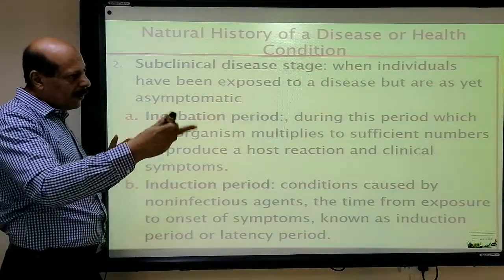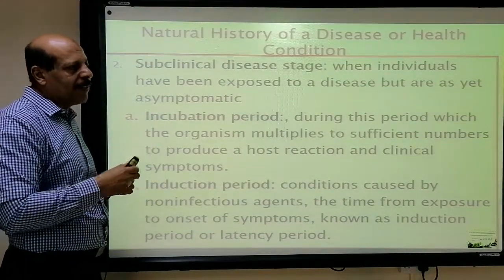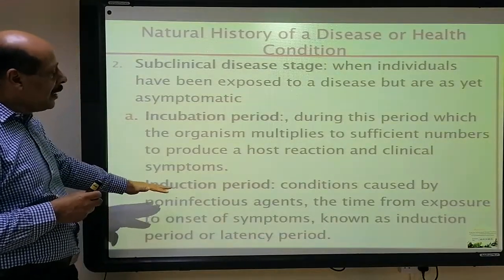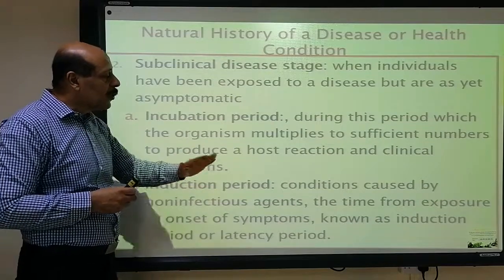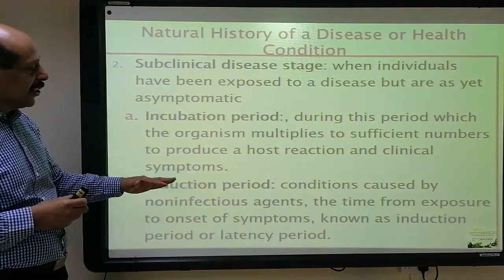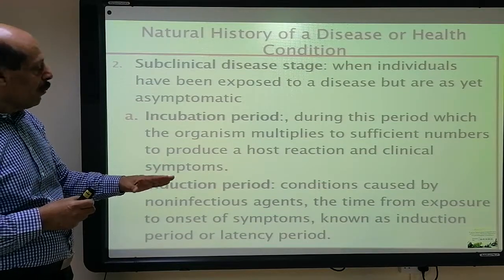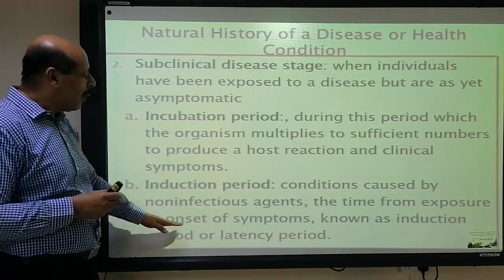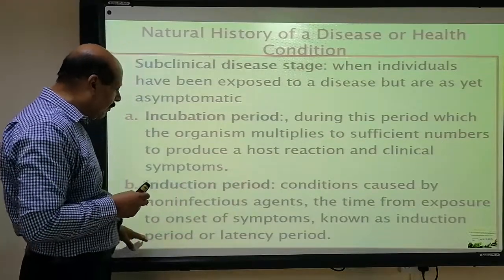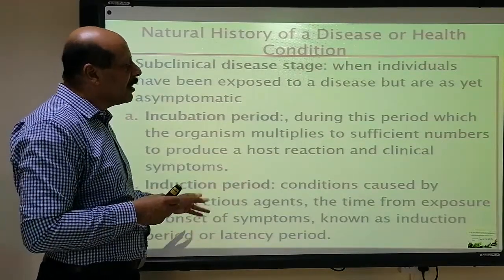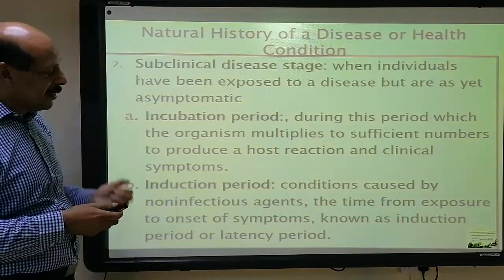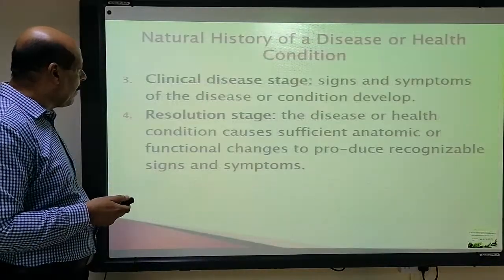Some diseases take a very long time to show signs and symptoms. For conditions caused by non-infectious agents, the time from exposure to onset of symptoms is known as the induction period or latency period. Still the signs and symptoms are not appearing.